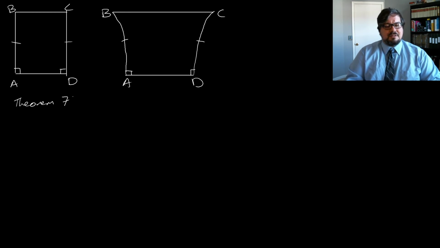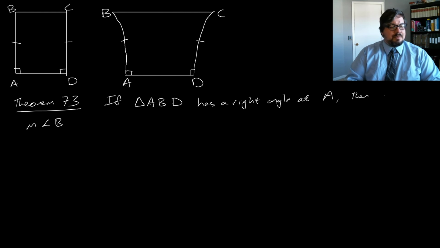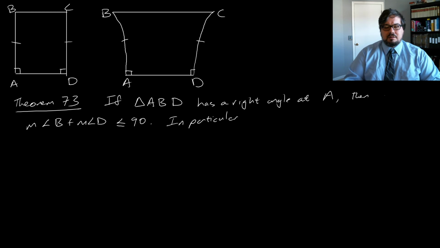So Theorem 73 says that if the triangle ABD has a right angle at A, then the measure of angle B plus the measure of angle D is less than or equal to 90. In particular, angle B and angle D are acute.